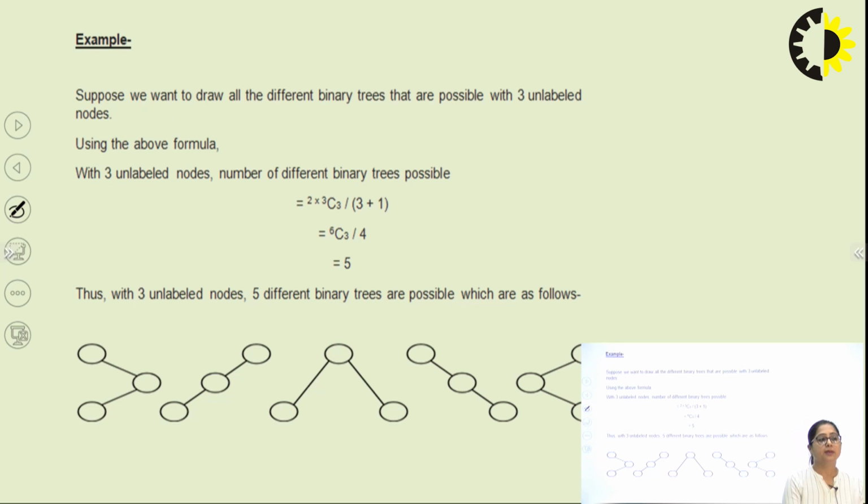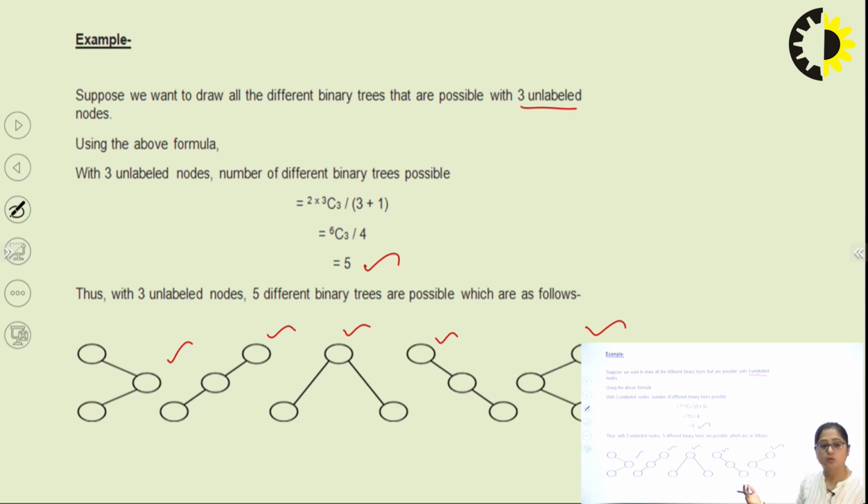So for example, suppose we want to draw the different binary trees that are possible with 3 unlabeled nodes. So this is the formula as discussed, 6C3 by 4. If you calculate the value, it will become 5. So you can say that with the help of these 3 nodes, you can make 5 different binary trees.